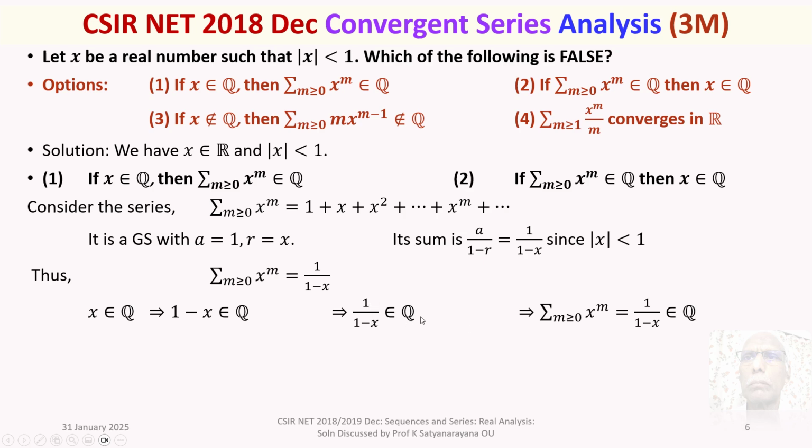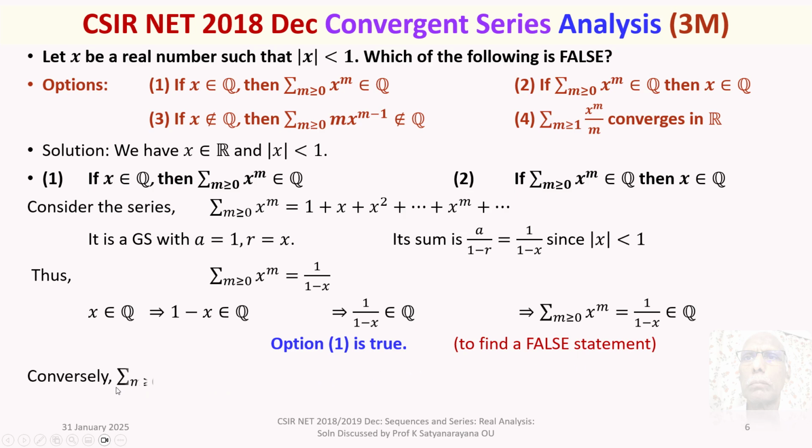So 1 by 1 minus x belongs to Q. Therefore, the sum is a rational number. Thus you have proved that when x belongs to Q, sigma x to the power of m is also a rational number. Thus, option 1 is true. But we have to find out the false statement, so this is not our answer.